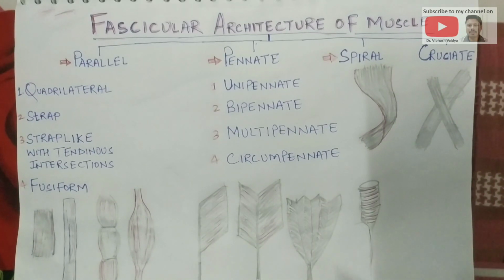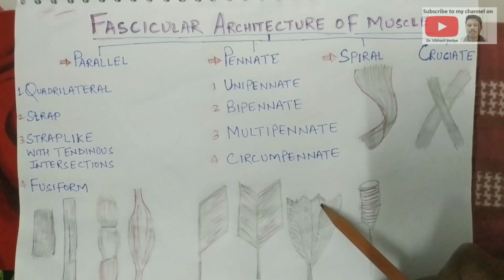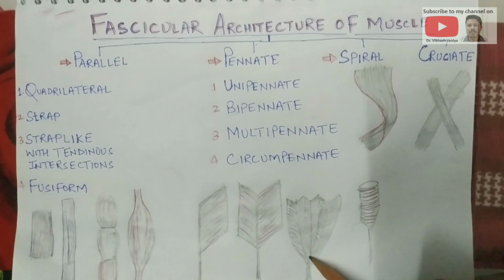The third type of pinnate muscle is multipinnate, because it has multiple feathers. In this schematic diagram it has multiple feathers. Multipinnate muscles have a series of tendinous bands within the muscle with tendinous intersections, and in between the feathers you can appreciate multiple tendons.